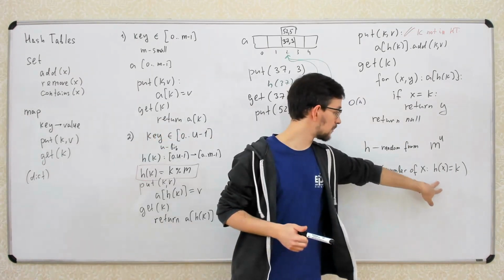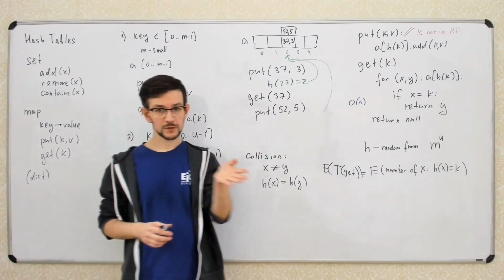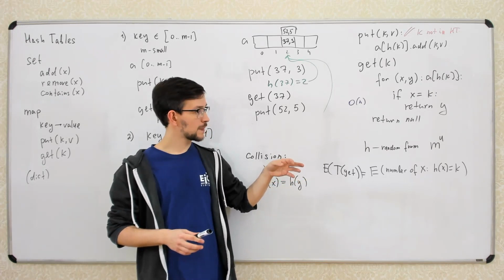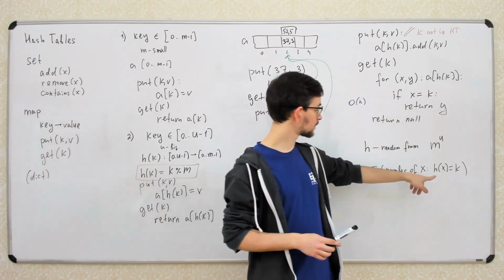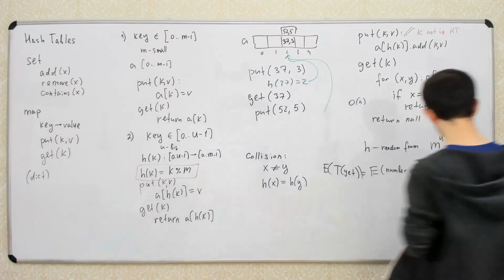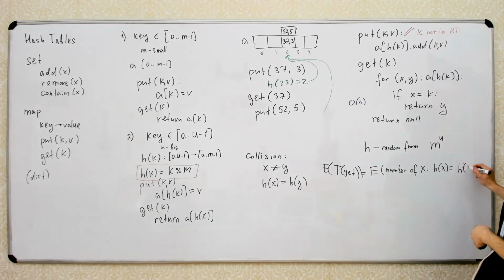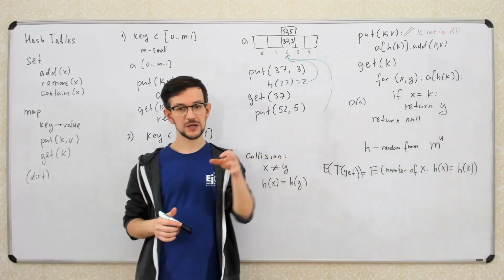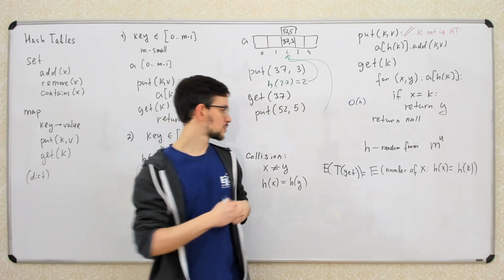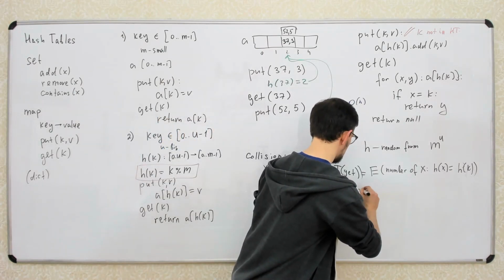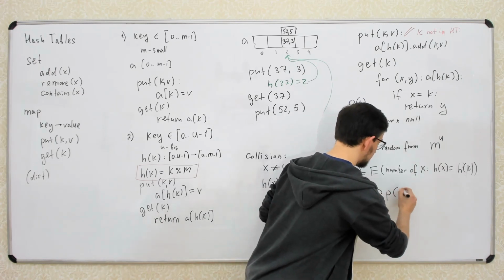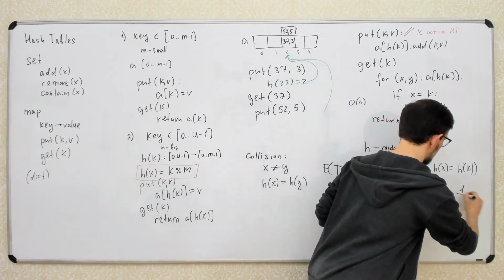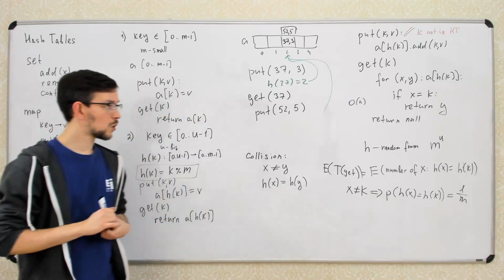And what is this expected number? Well, let's see. For each element x not equal to k, the probability that h of x equals h of k, that they have equal hash codes, is 1 over m. Why is it so?